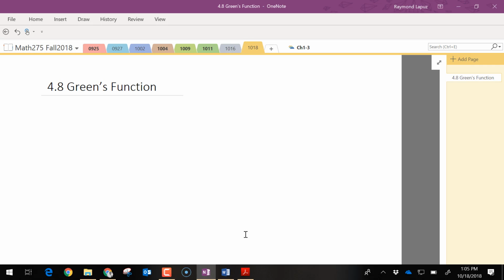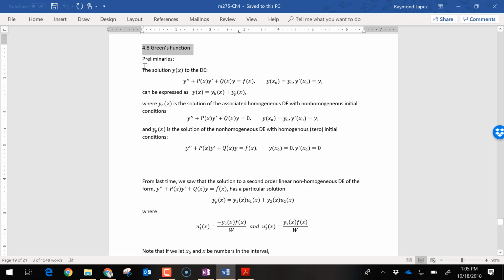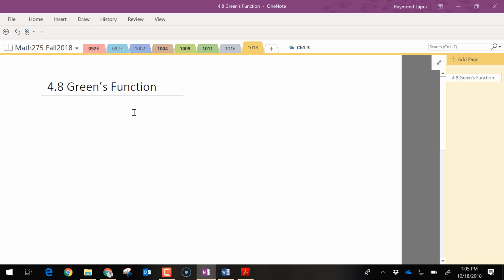So we're going to introduce a tool for us to try to solve for initial value problems, higher order initial value problems. We have to get through some preliminary work before we do some examples, but it's all related to the variation of parameters.